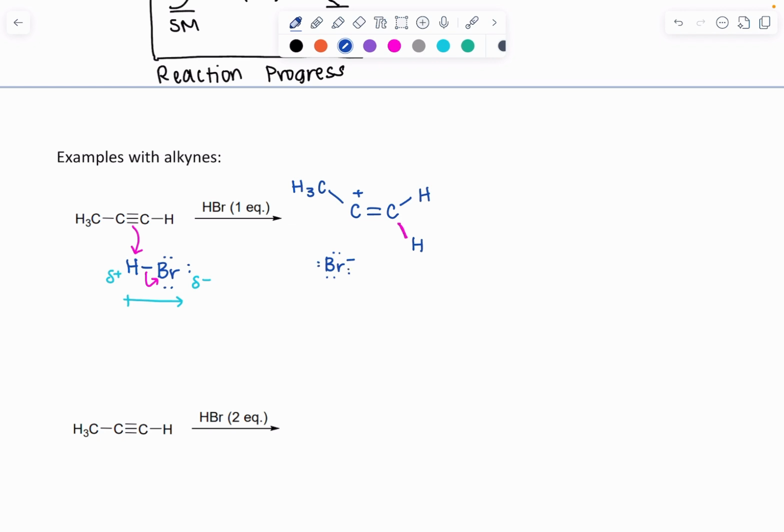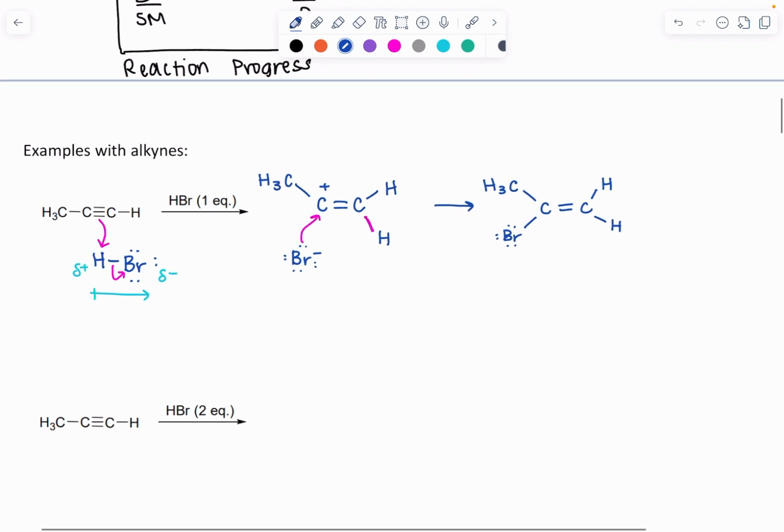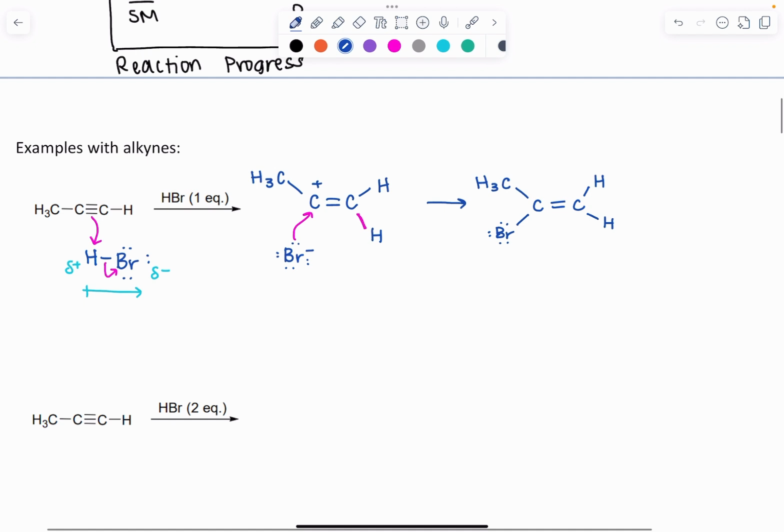We have positive carbon, negative bromine. This will go ahead and create a bond to that, and this would be our product over here. So with only 1 equivalent of HBr, the reaction would stop here.